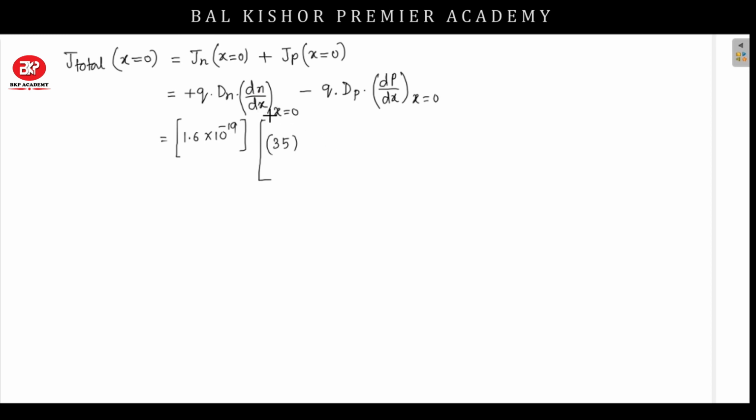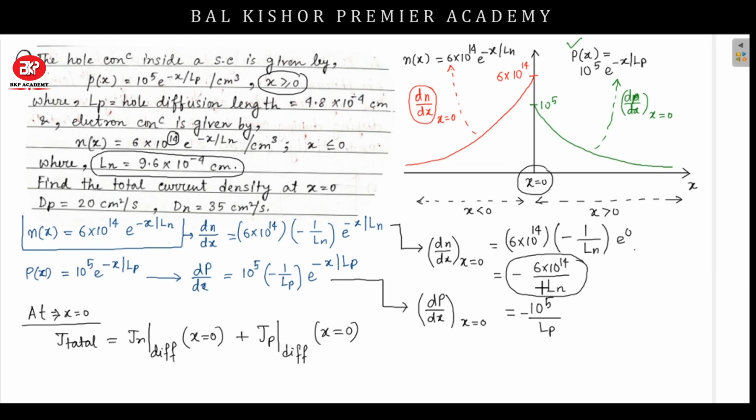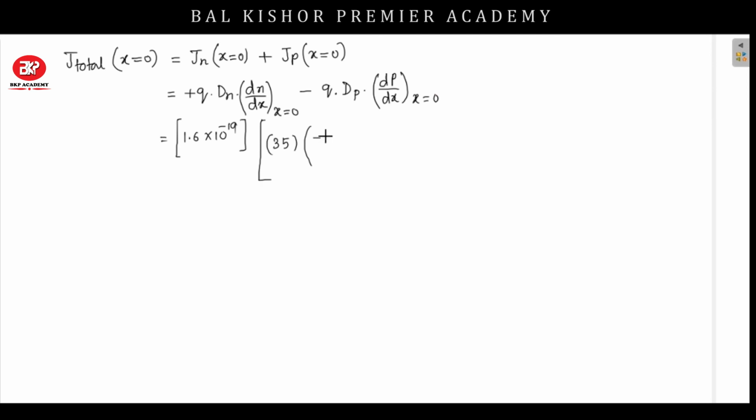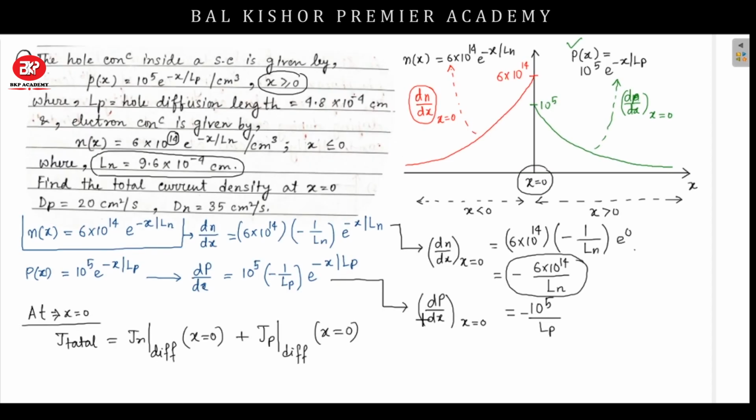So it will look like this. The dn by dx value, you can see, is minus 6 into 10 to the power 14 divided by ln, and it will be minus dp. So dp value is 20, and dp by dx at x equals to 0 is -10 to the power 5 divided by lp.